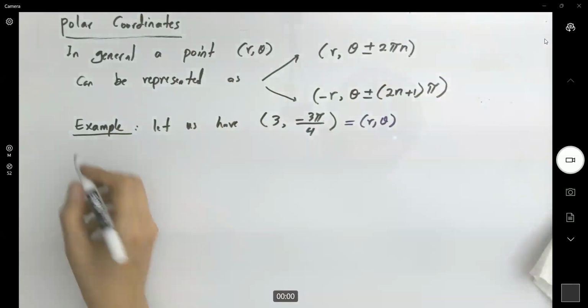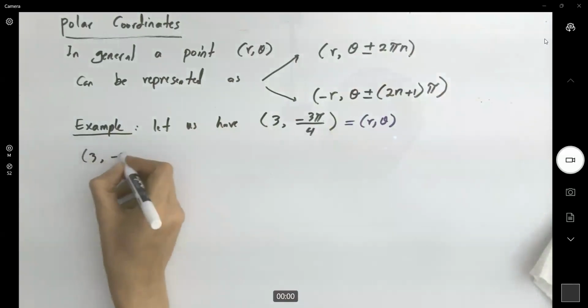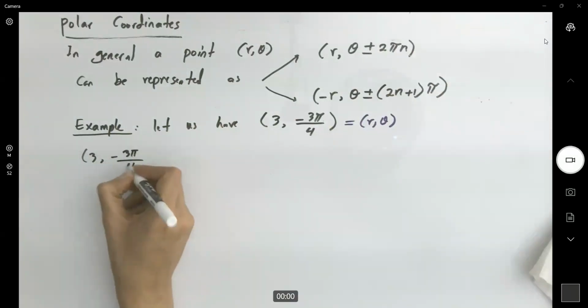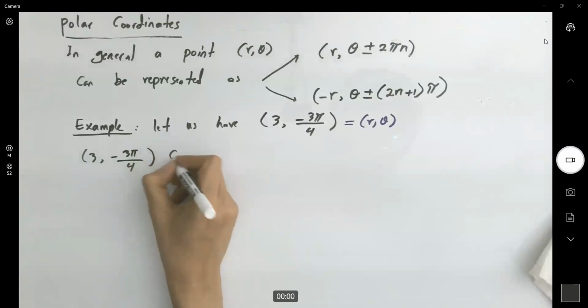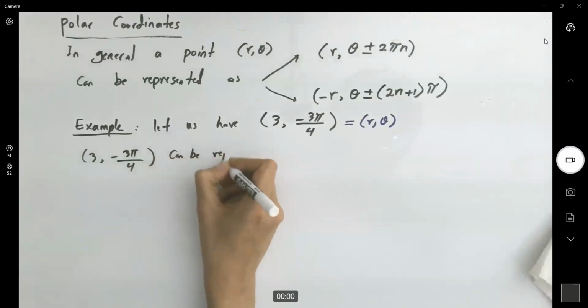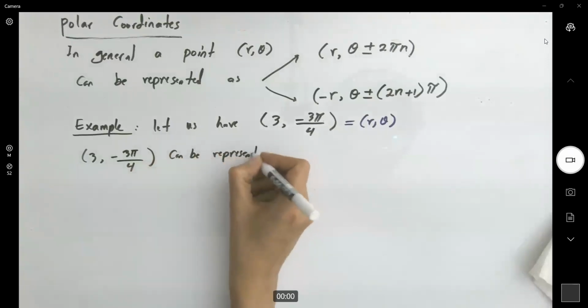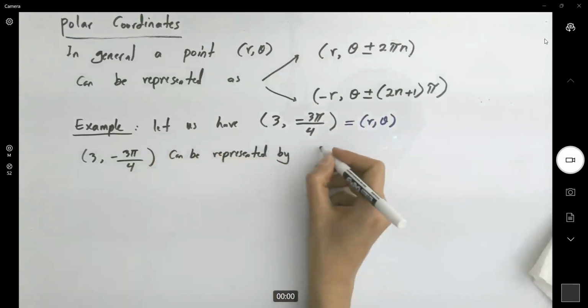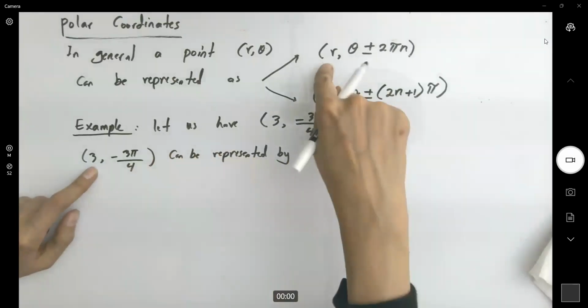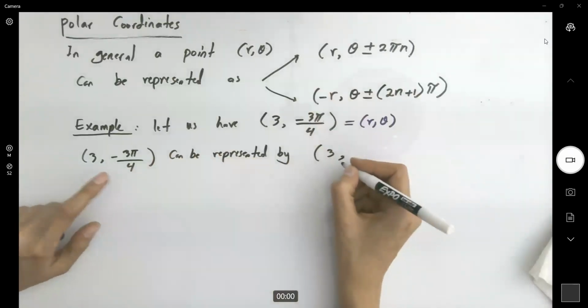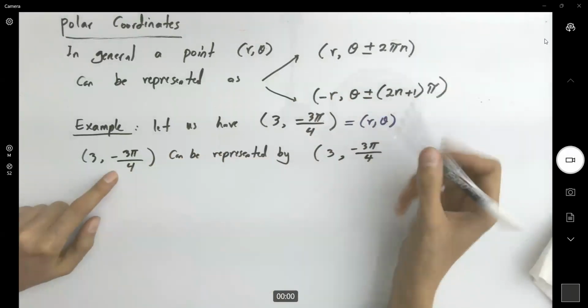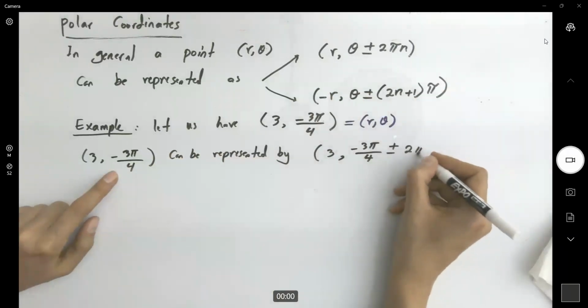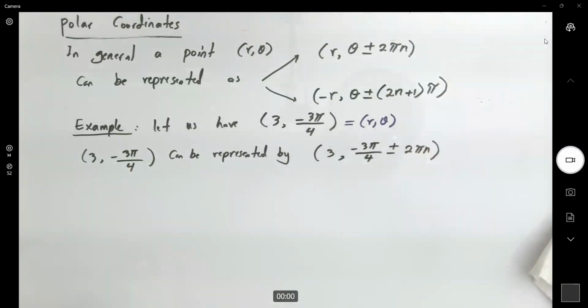Following the formulas, 3 and negative 3 pi over 4 can be represented by 3 comma negative 3 pi over 4 plus minus 2 pi n.